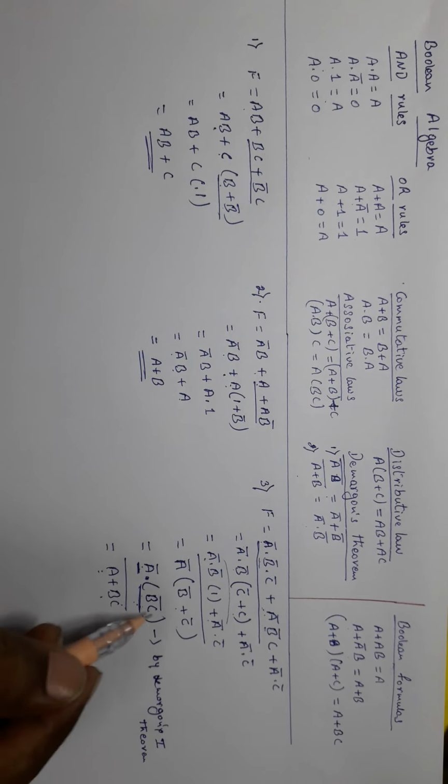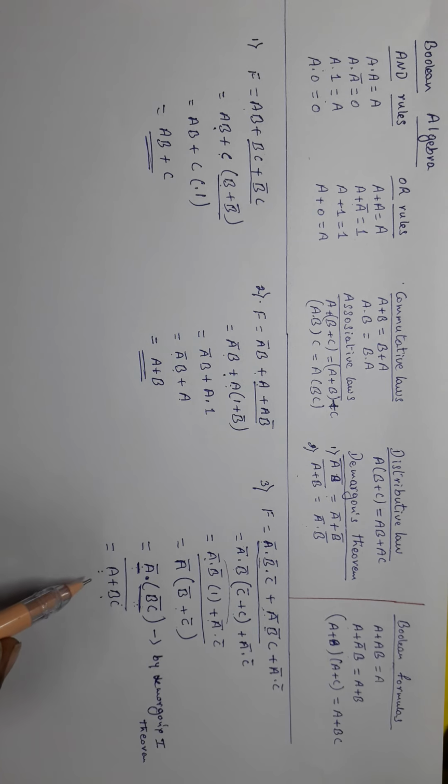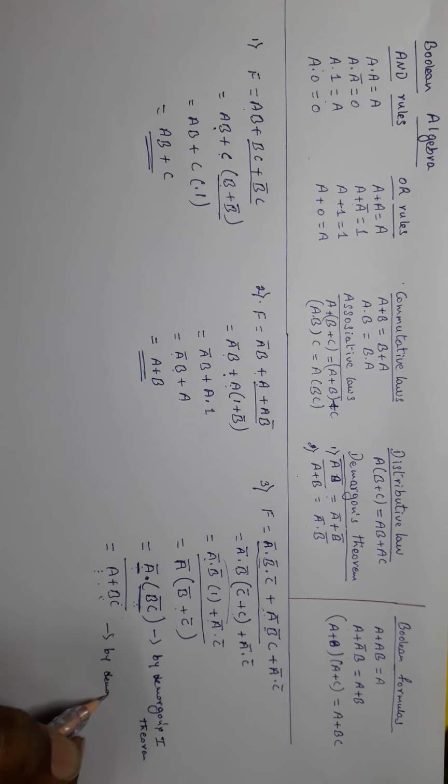So b here means bc, and the a term is a. A complement into (bc) complement equals (a + bc) whole complement. This is by De Morgan's second theorem.